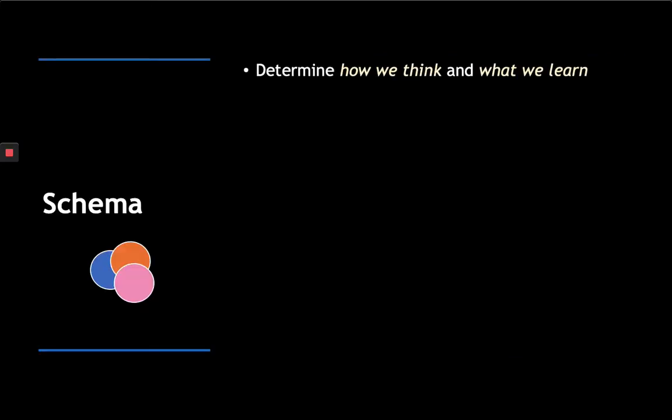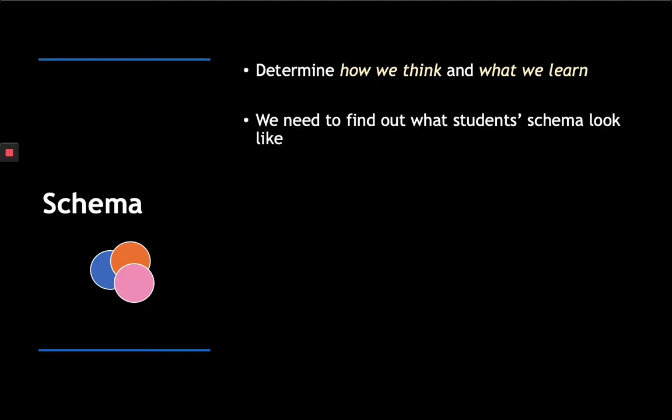Schema, therefore, determines how we think, and it determines what we learn. And as teachers, we should be interested in finding out what students' schema look like, so that we can add parts which are missing and so that we can correct mistakes and misconceptions.